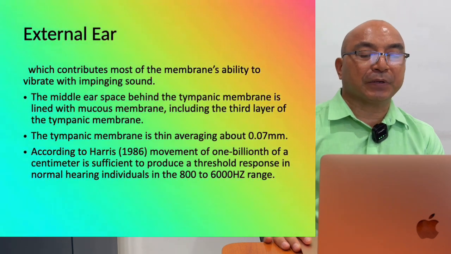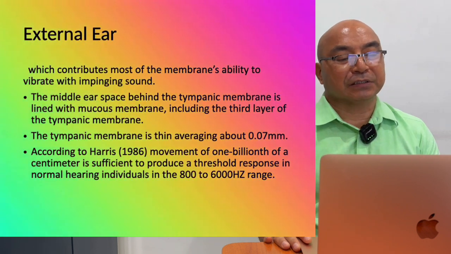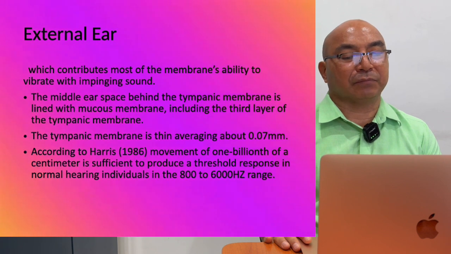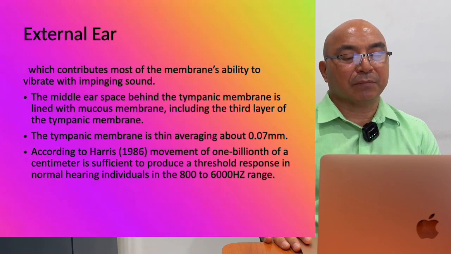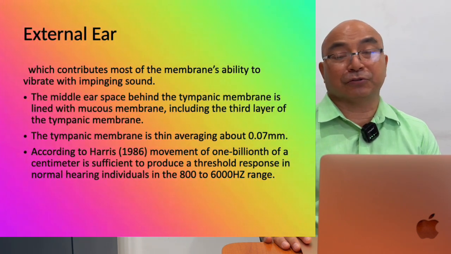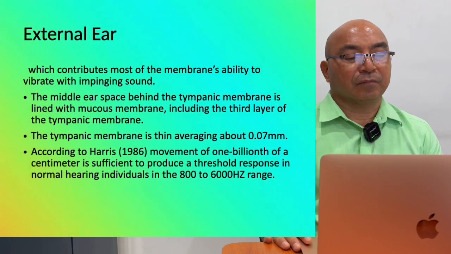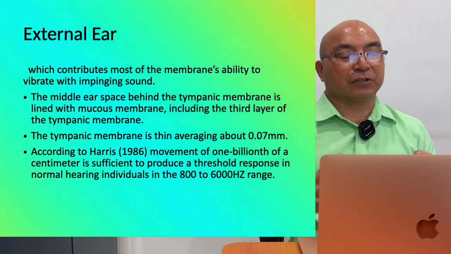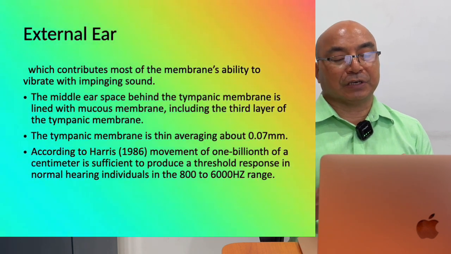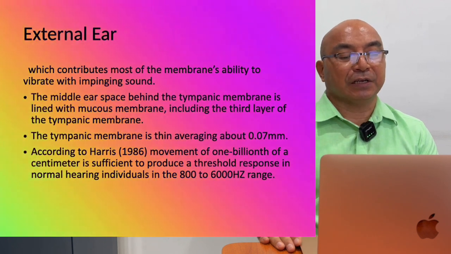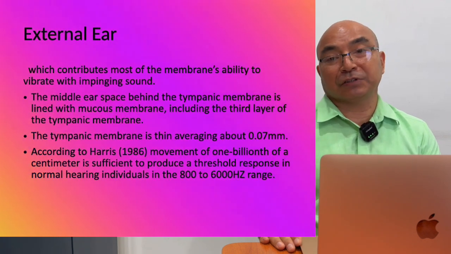The middle ear space behind the tympanic membrane is lined with mucous membrane, including the 3rd layer of the tympanic membrane. The tympanic membrane is thin, averaging about 0.07 millimeter in thickness, and a movement of 1 billionth of a centimeter is sufficient to produce a threshold response in normal hearing individuals in the 800 to 6000 Hz range.